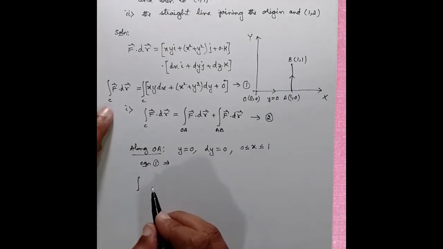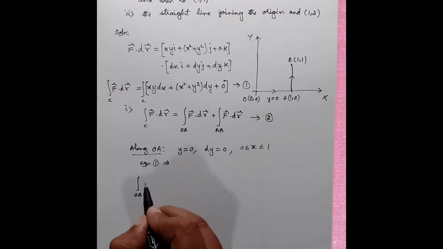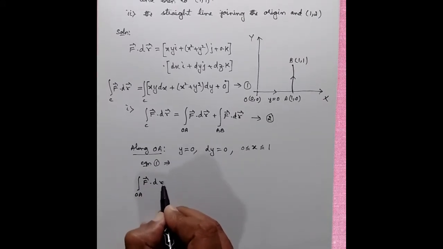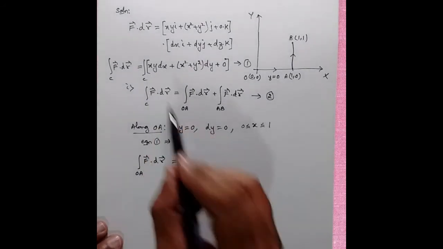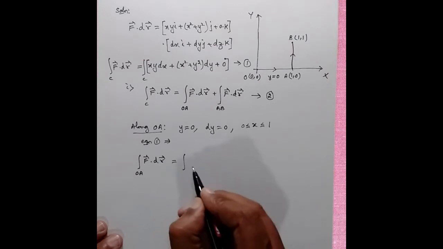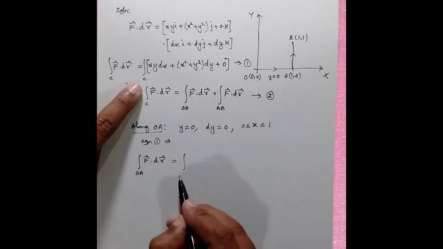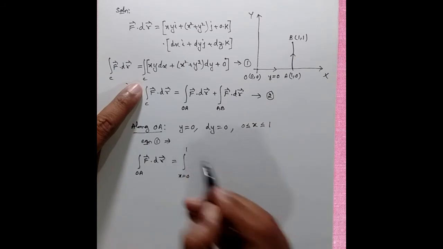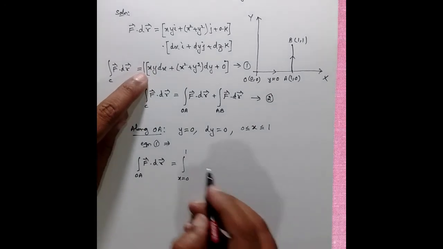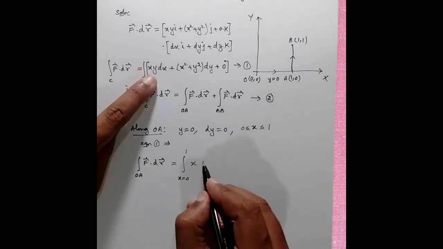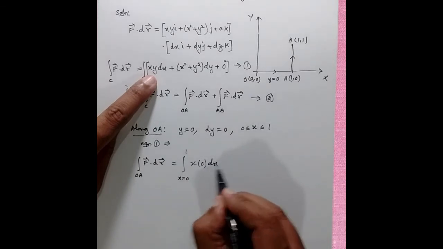What is the curve C? Curve C is nothing but OA. Along OA, the integral of vector F dot dr has x ranging from 0 to 1. Just plug in: x as it is, because it is the variable, and y is 0, so the first term xy dx becomes 0.